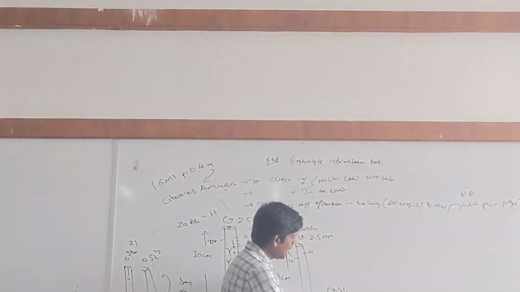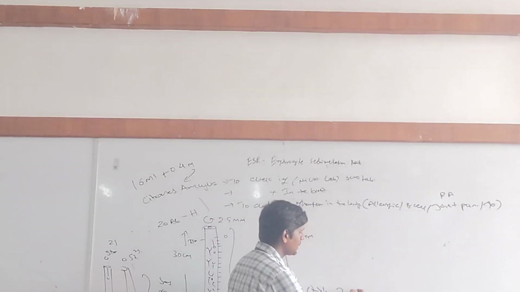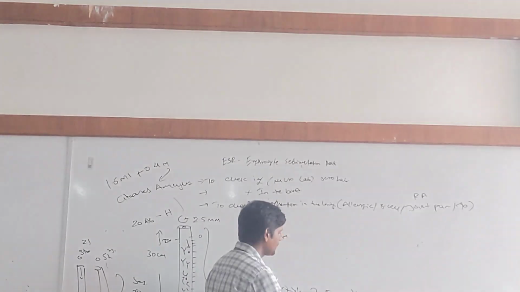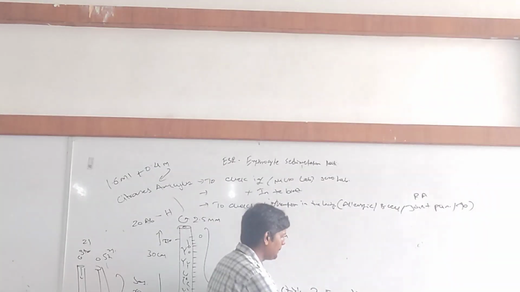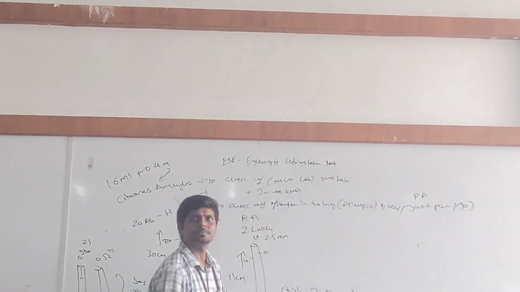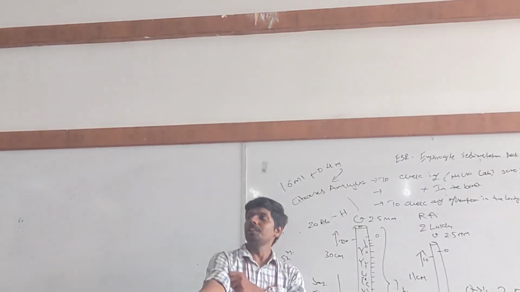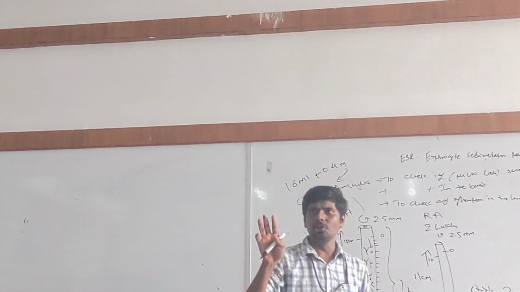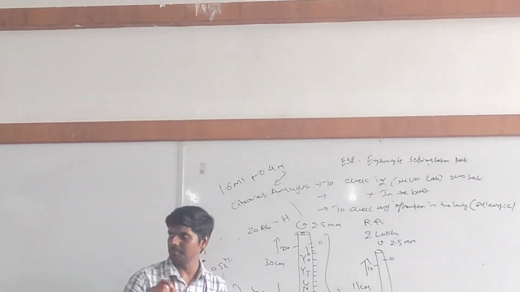Males and females. For males it is 3 to 5 mm per hour and for females it is 4 to 7 mm per hour. Now, I just want you to think critically about the results.